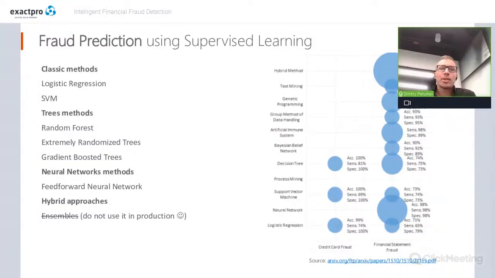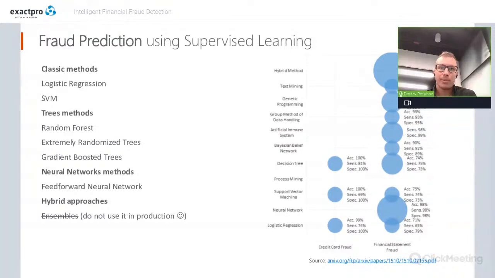Now about the state of the art for detecting fraud. As you see on the picture, for good and very good datasets, you can hope that the model detects about 80% of all fraud transactions.